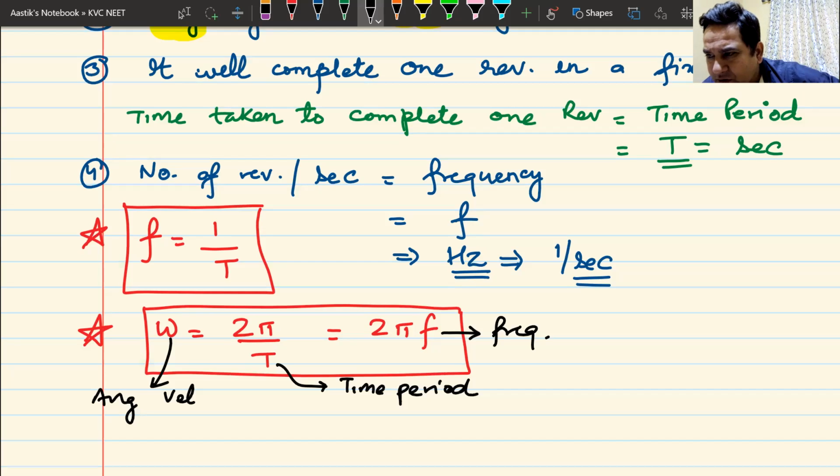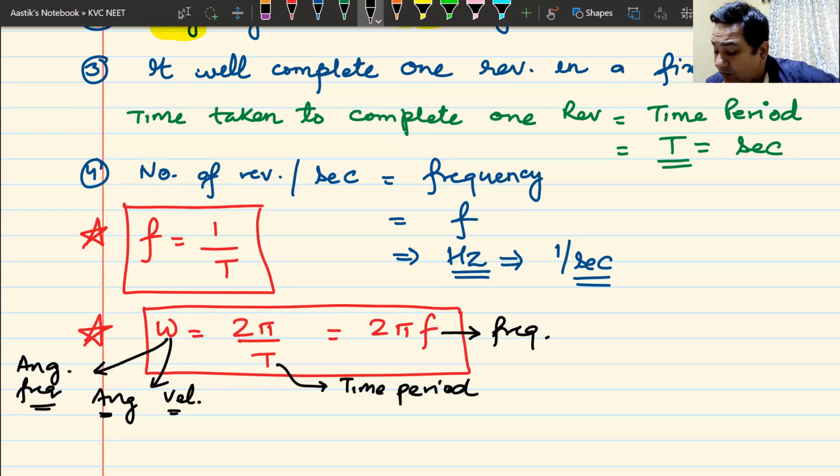In your chapter on waves and in SHM, we will be using angular velocity, but we will also be using one more term for it, which is known as angular frequency. So just remember, angular velocity and angular frequency actually mean the same thing.